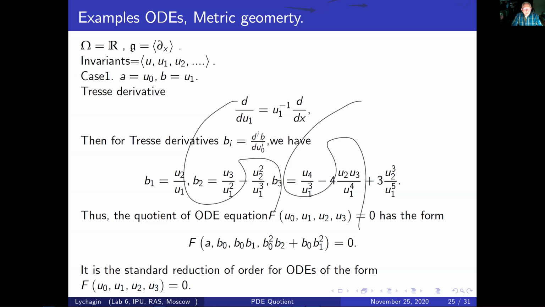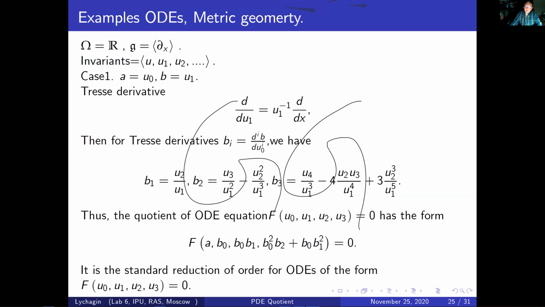So what are the differential invariants of this group? It's easy to understand that in jet coordinates they are functions of derivatives. Let's take A and B from Lychagin's theorem: let's take A to be u0, the first coordinate, and B as a function to be u1.